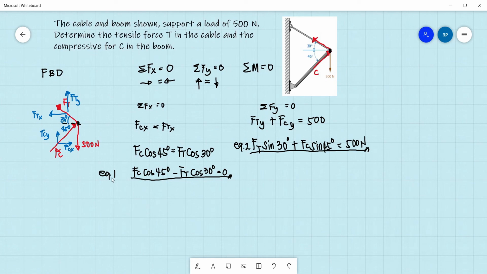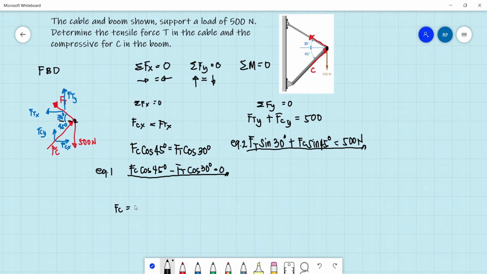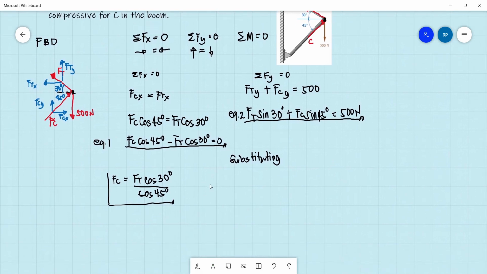Let's just say our Fc is equal to Ft cosine of 30 degrees all over cosine of 45 degrees. So basically, we represent our Fc in terms of Ft, and then substitute equation 1 into equation 2.